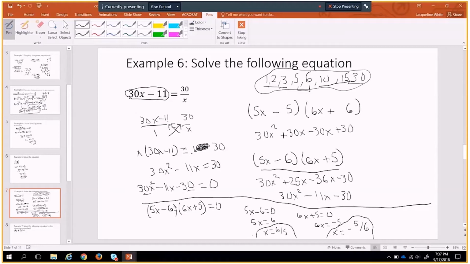Or if you're really stuck, just use our lovely formula, negative b plus or minus the square root of b squared minus 4ac over 2a.